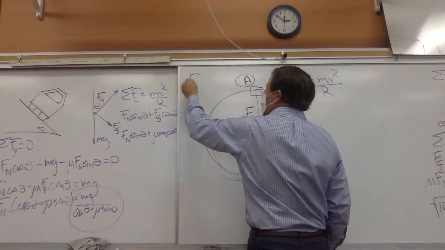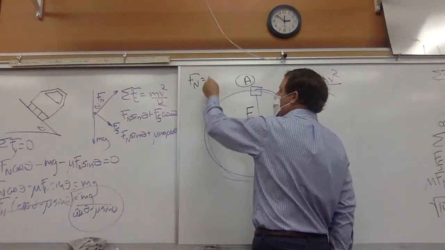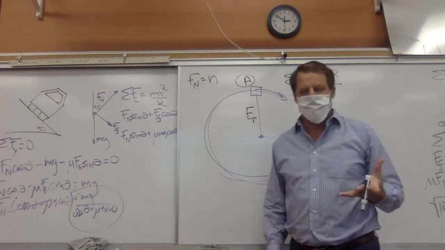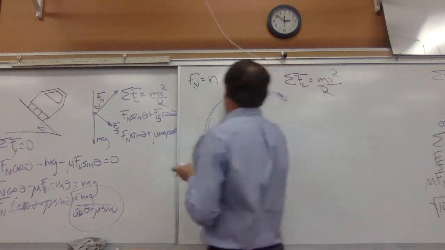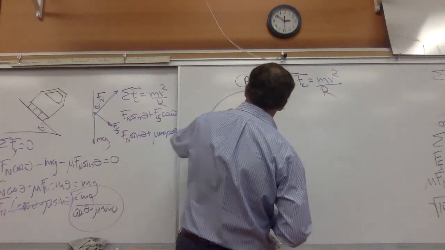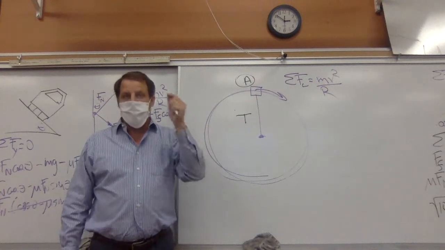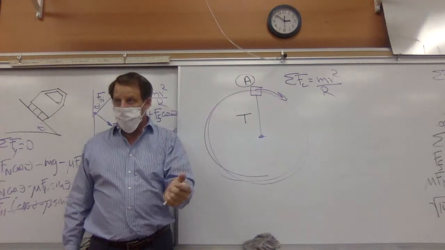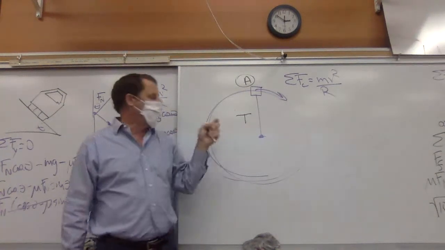So, for example, for normal force, other physics books will just call that N, right? So I'm not actually that consistent there. And the problem, even though I still do it, with this T is that it can be confused with the period, which is the time it takes for one revolution.